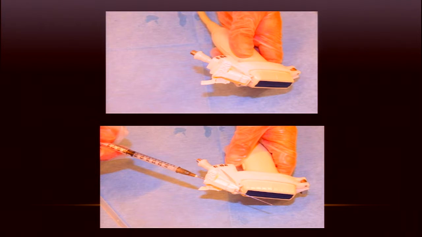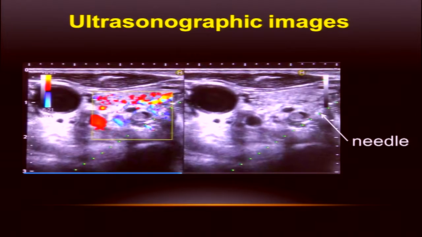After you assemble the devices, it makes a pathway which the needle gets in precisely, and it's fixed. These are ultrasound images.